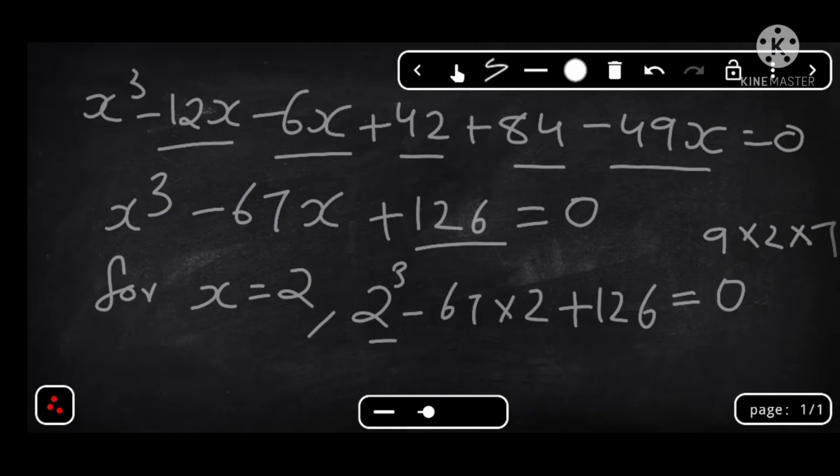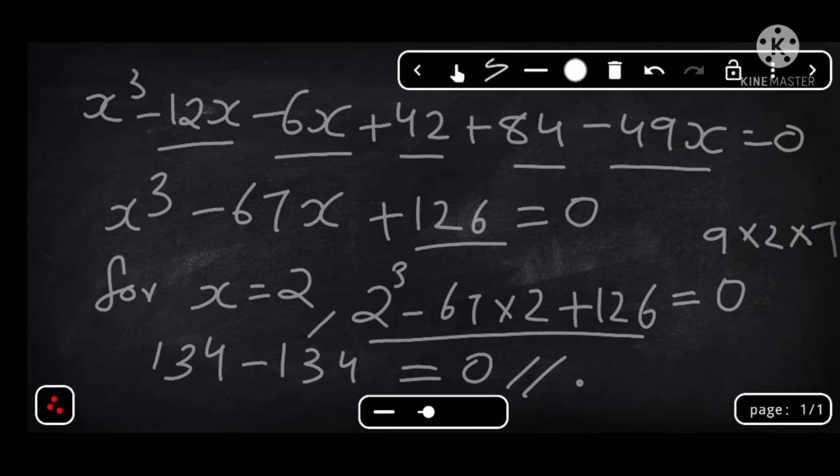So when we solve this, we will get 134 minus 134, that is equal to 0. So we can say 2 is a root of this given determinant.